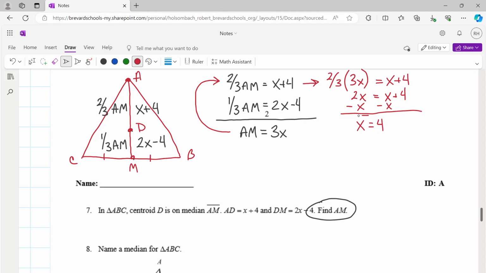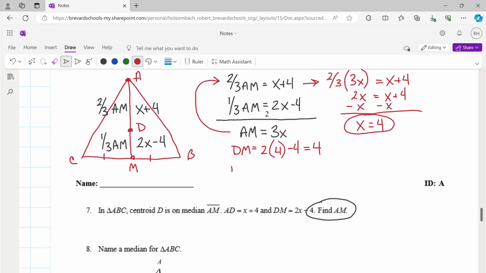So now that we know what x is equal to, we need the length of the entire median. So I'm going to substitute, I'm going to find DM first. DM is equal to 2 times 4 minus 4, which makes DM equal to 8 minus 4, which is 4.